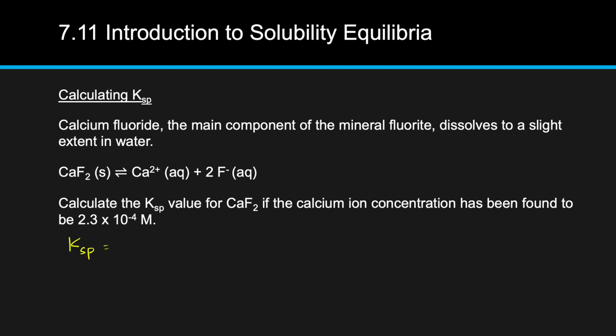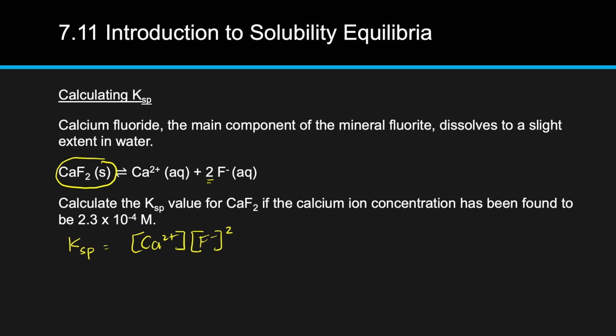And I know all of my equilibrium expressions are products over reactants raised to the power of the coefficient. However, remember in these Ksp solubility equilibria, we always have a solid as our reactant, and solids and liquids are not included. So all we have is our products, and we have the concentration of Ca2+ raised to the first power times the concentration of F- raised to the second power because I have a coefficient of 2.